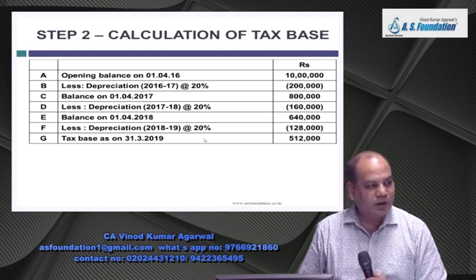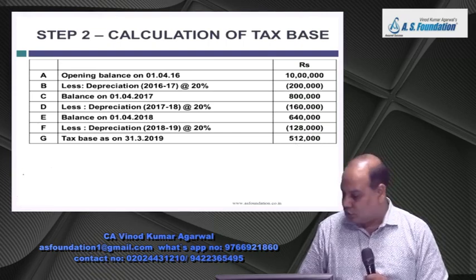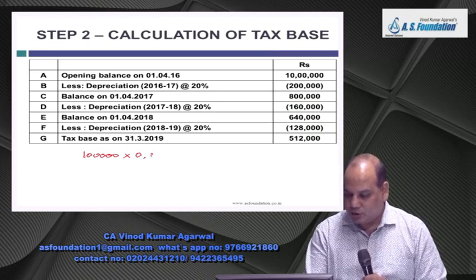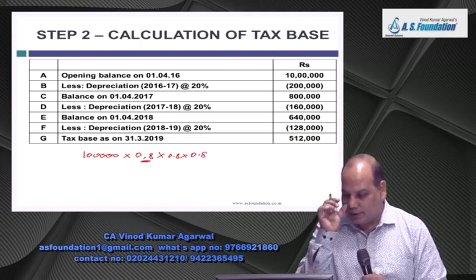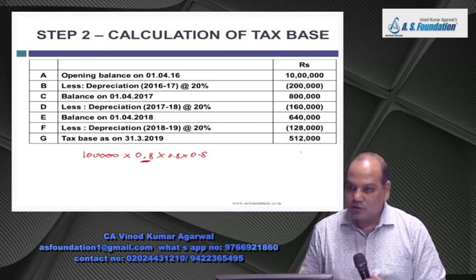Are you getting 5,12,000? Or you can write like this also: 10 lakh into 0.8 into 0.8 into 0.8, because each year the closing balance will be 80% of the previous year. Correct? Are you getting the answer?